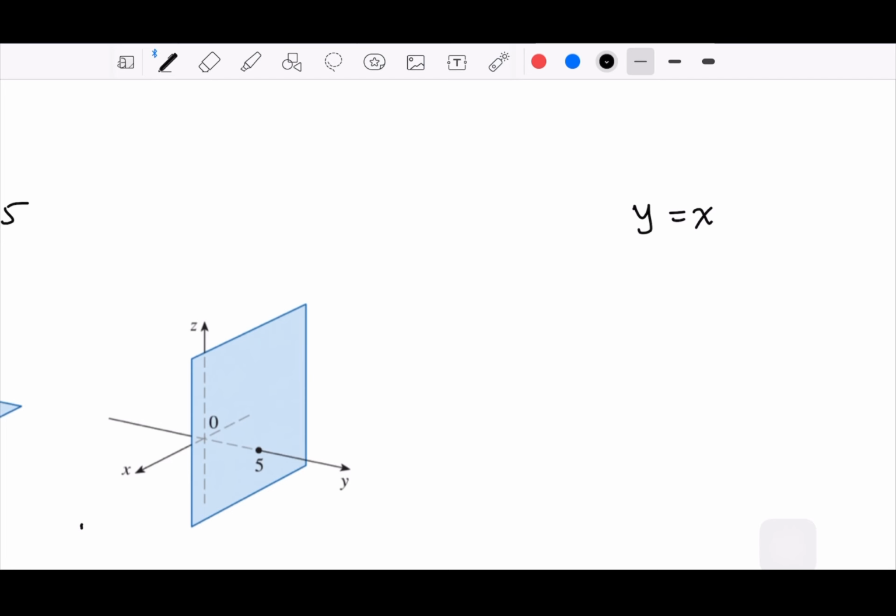First, we need to build our familiarity and our visuals, where we deal with functions or equations that we already know how to draw in 2 dimensions and how to transform into 3 dimensions. So y equal x is just a line from our 2-dimension perspective.